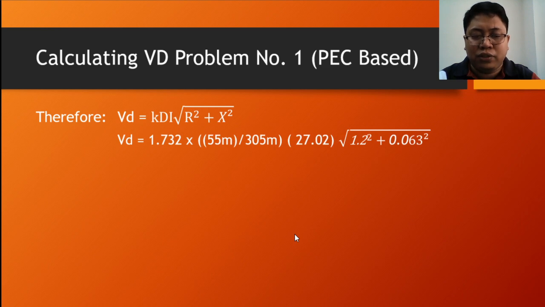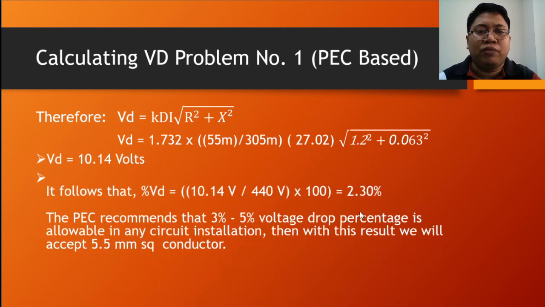Multiply by 27.02 multiply by the square root of 1.2 squared plus 0.063 squared. The resulting value is 10.14. 10.14 divide natin sa 440, that will result to 2.3%. Technically, pasok na pasok siya doon sa requirement ni Philippine Electrical Code.